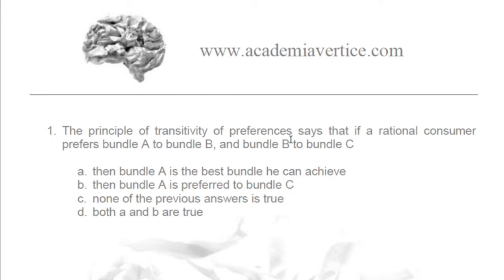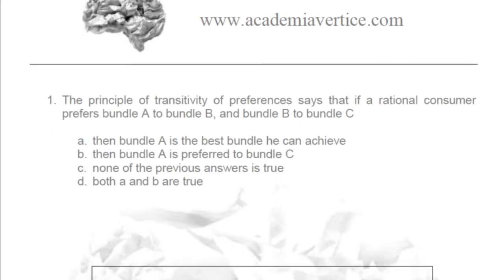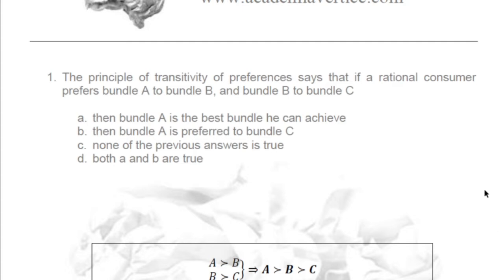Maybe bundle A is not affordable. Maybe it is not in his budget set, so he can't buy that bundle. So be careful, because this is a little bit tricky, but that's what we need to know. When we are talking about preferences, we don't talk about money.